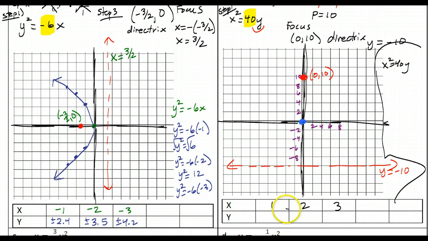When I plug in a 1 for x, well maybe this isn't that hard, I get 1 squared equals 40y, and then I'm going to solve it. So 1 divided by 40 is basically what happens for that one. And when you're finding your table of values, it's going to be a little bit different every time, so sometimes that throws people off, but that's how it is.